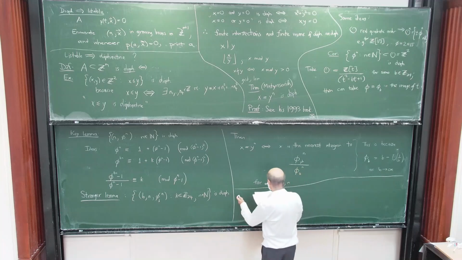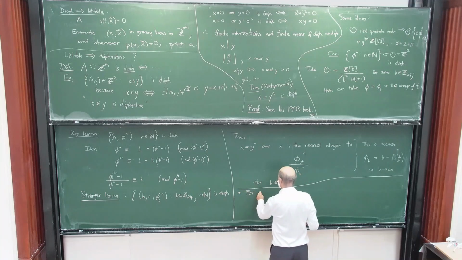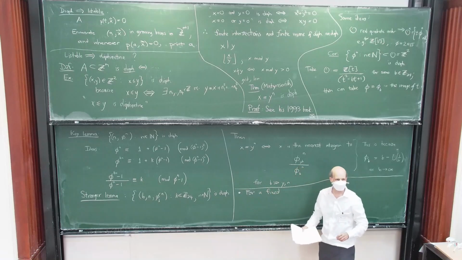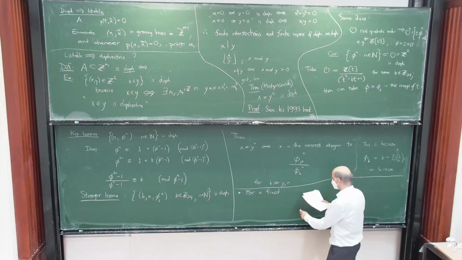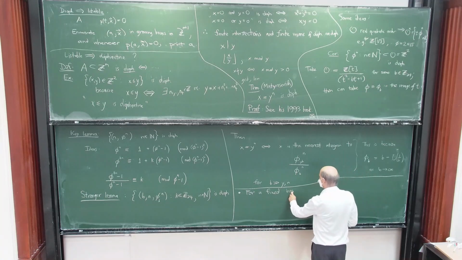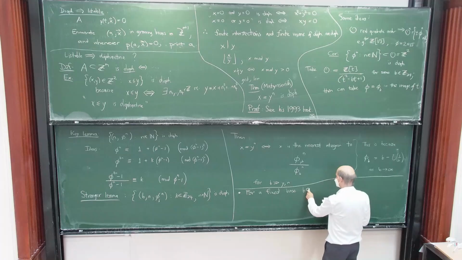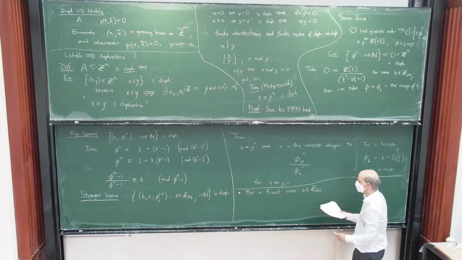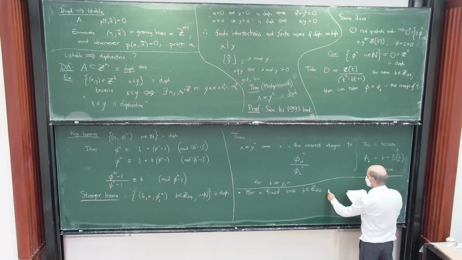For example, here's something you can do. You're just trying to prove a bunch of little number theory lemmas. For example, you can figure out the digits of some number in base b.